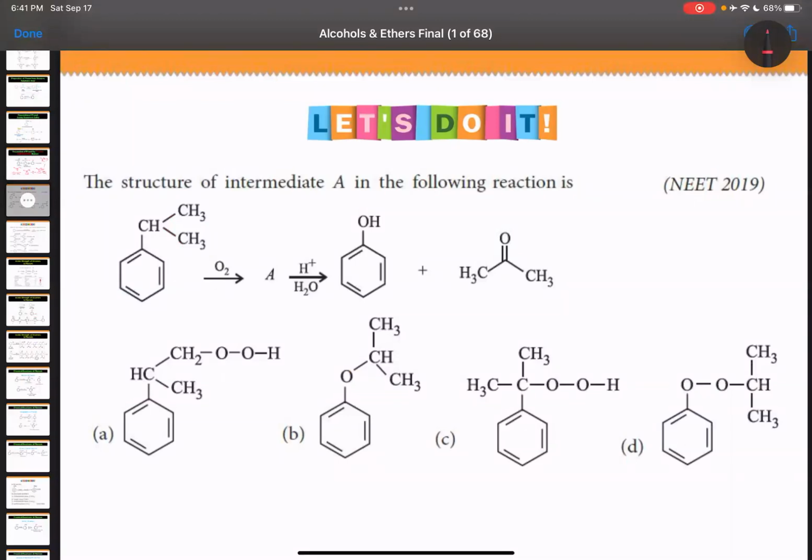So tell me, what will be the answer to this problem? So option C. It is option C. Yeah, A is cumene hydroperoxide, correct?